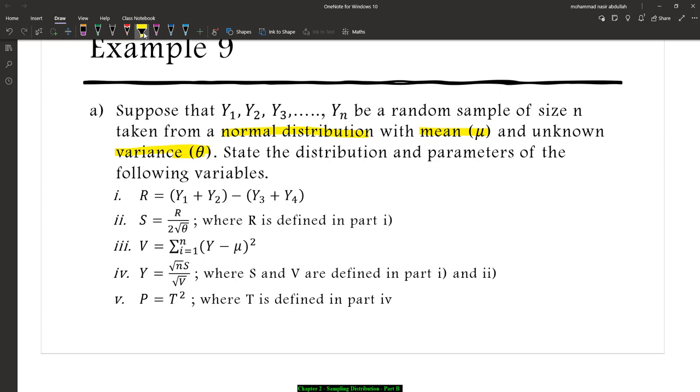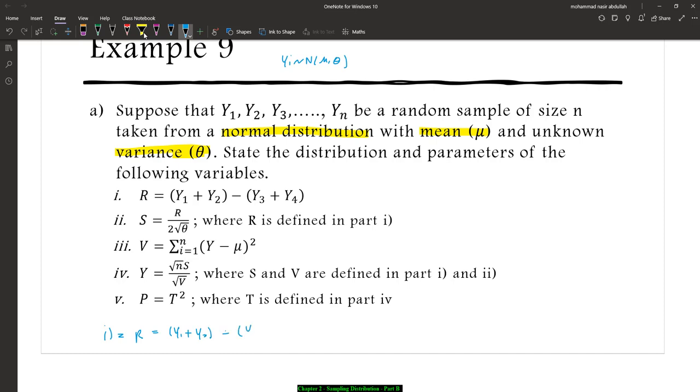Right, so now let's look at the first one. So number 1, R is having... it doesn't tell us anything, so it tells us Yi is having a normal distribution with mean equal to mu and variance equal to theta. That's all.